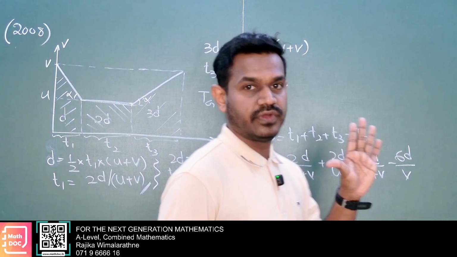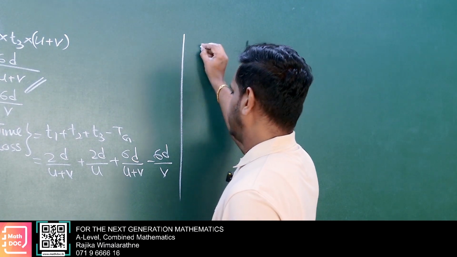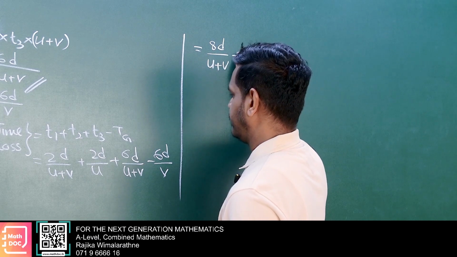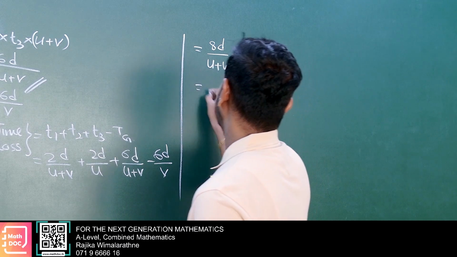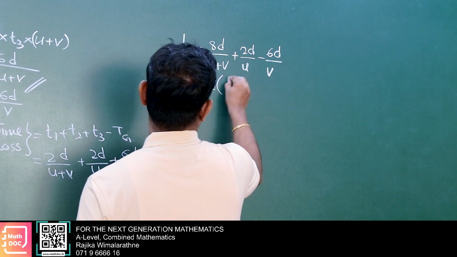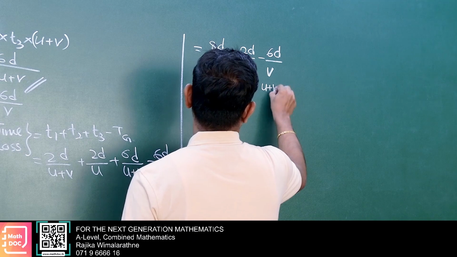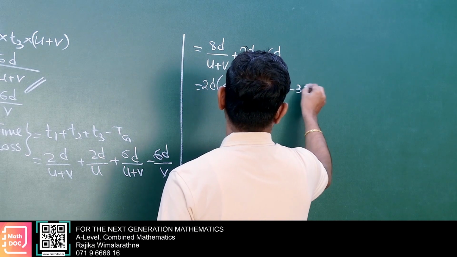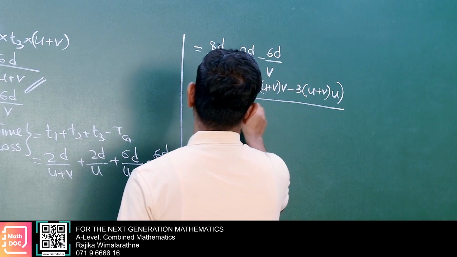Continue. Take your time, do it alone. Then here 8d over u plus v, 2d over u, 6d over v. Then take 2d outside. For u and v, at the same time get the common denominator, u plus v into v, 3 into u plus v into u, all over u plus v, uv.